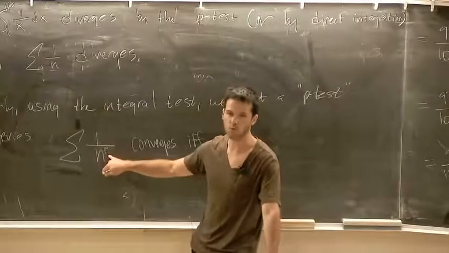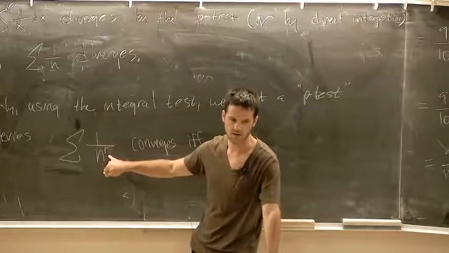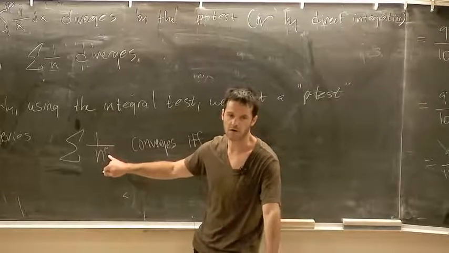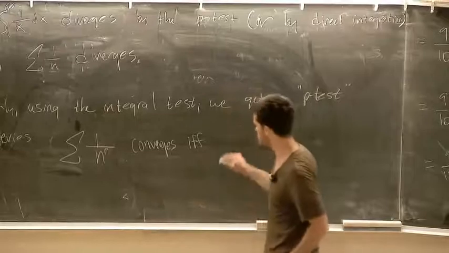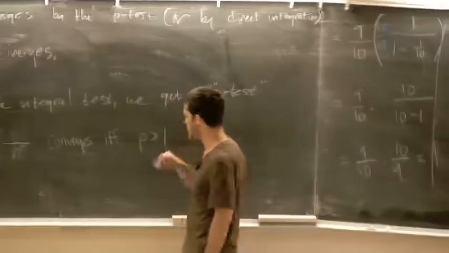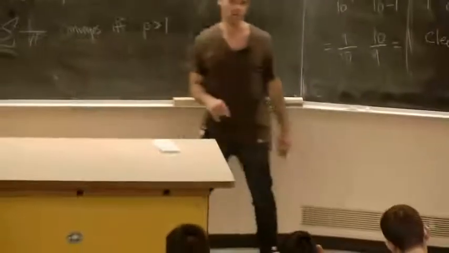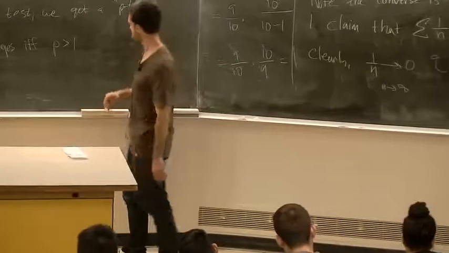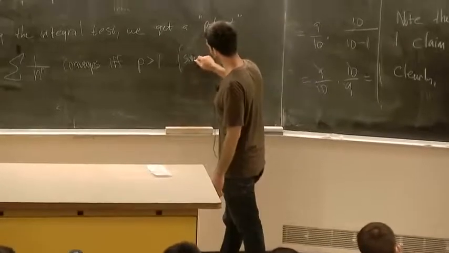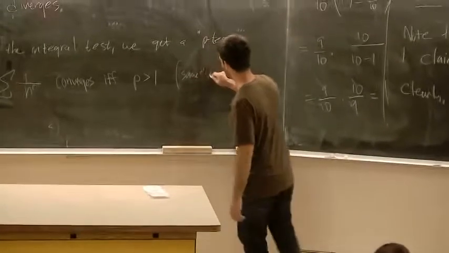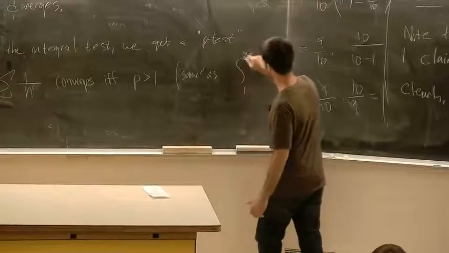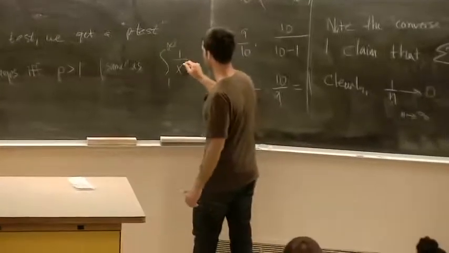The power 1 was the borderline case. Anything bigger than 1, and it converges. So this series converges exactly when the power down here is bigger than 1.